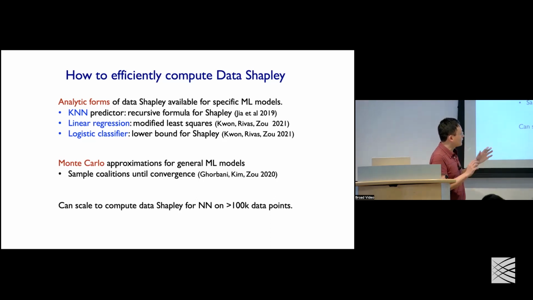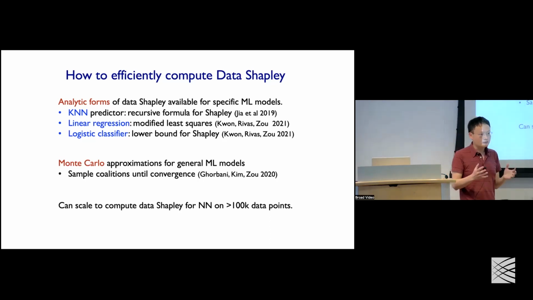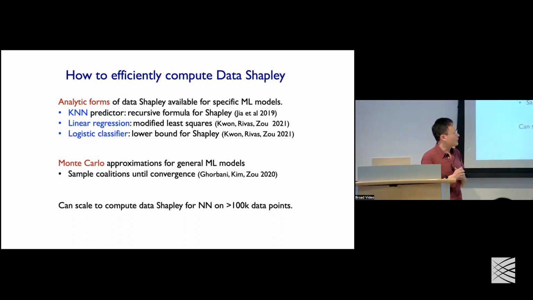In other more general models where the analytic formulas are not available, what people are doing is coming up with different approximation schemes. One natural way to approximate Shapley values is by doing some sort of Monte Carlo sampling.